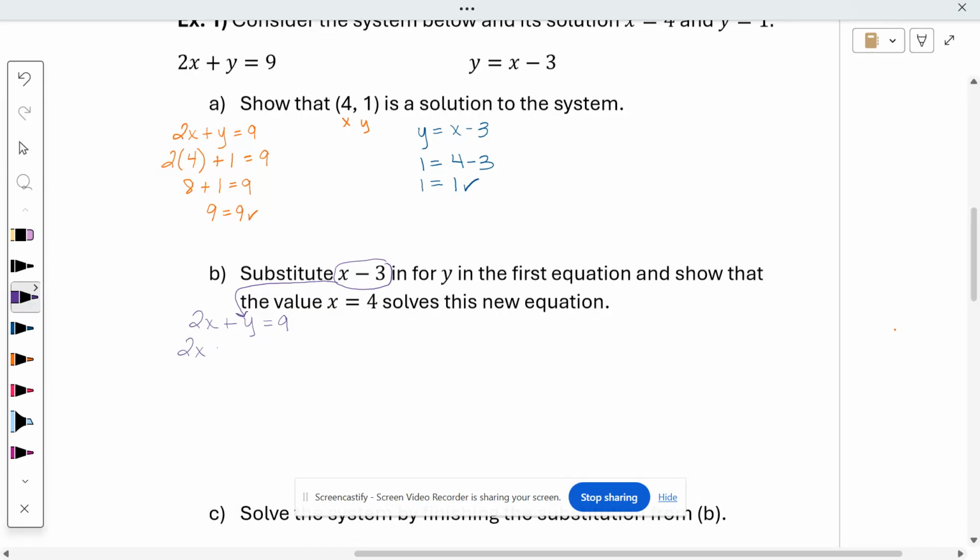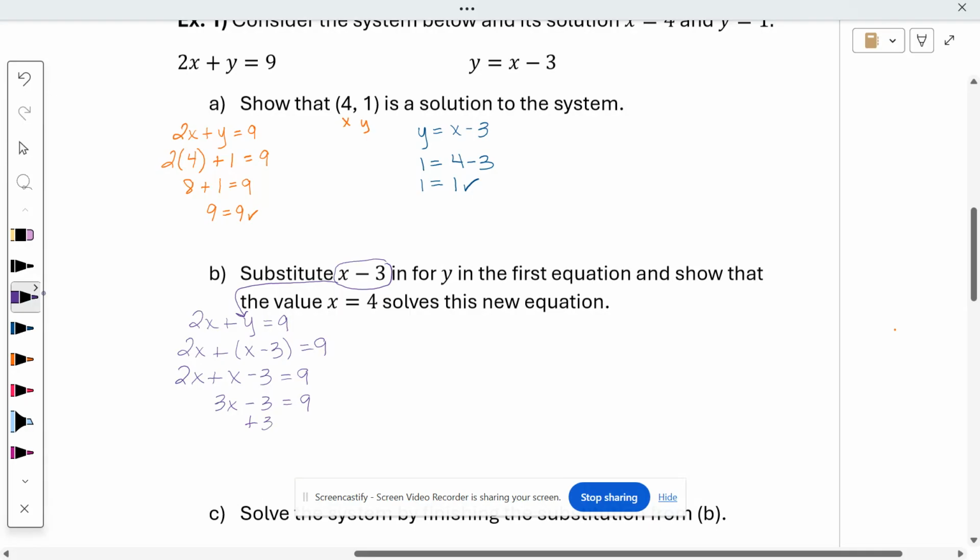So 2x plus x minus 3 equals 9. 2x plus x is 3x. 3x minus 3 equals 9.